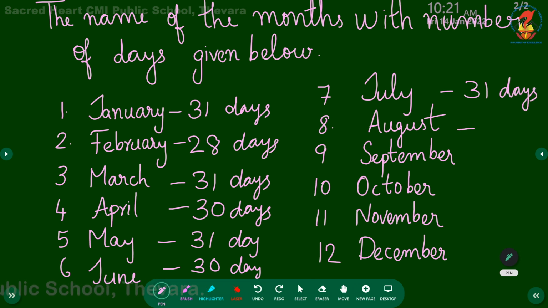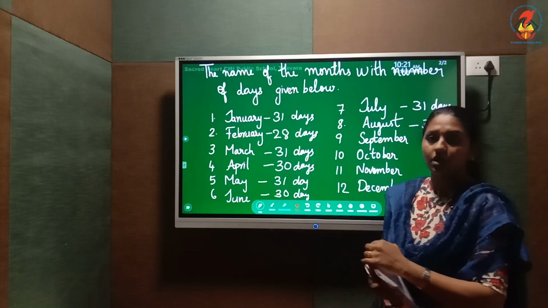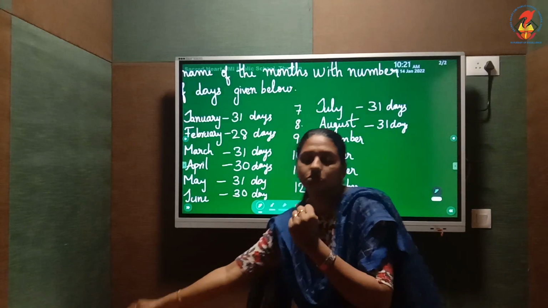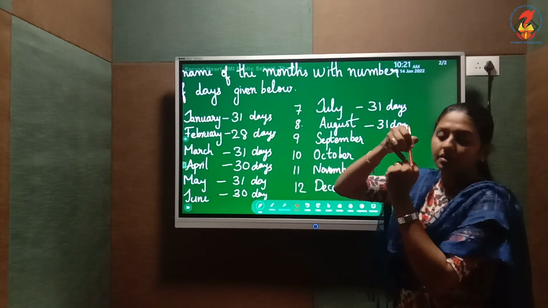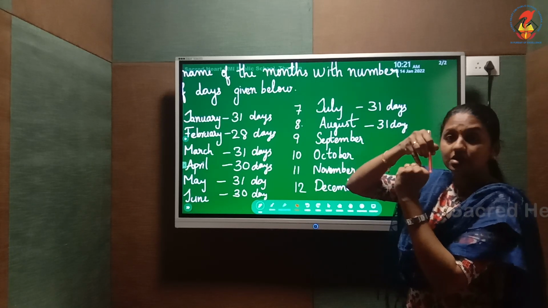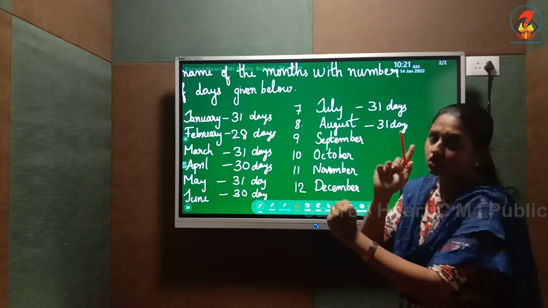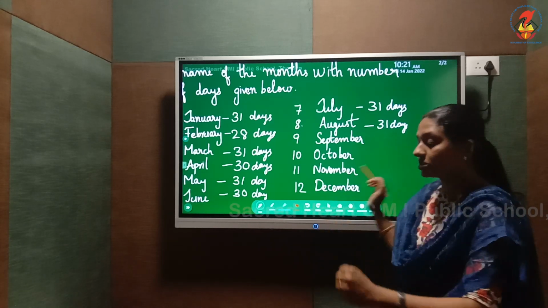Then August is again 31, because when we are using the toy, we can understand this is January, February, March, April, May, June, July. August is coming on the upper portion, and upper portion means it's 31. So don't forget to write that August is 31.